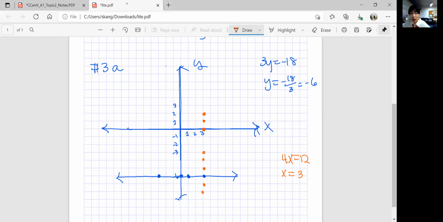If you're ever not sure, try plotting points where your x is equal to 3, and you will get this vertical line. Okay? That's part B.